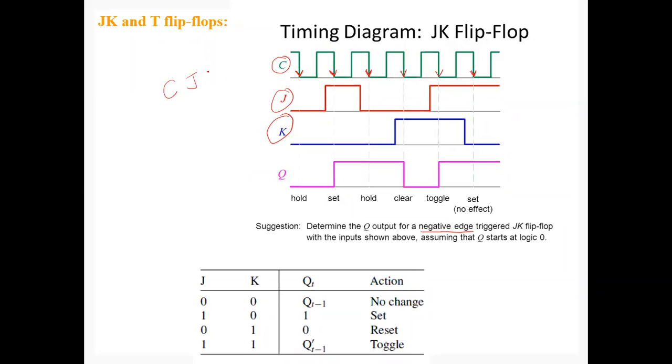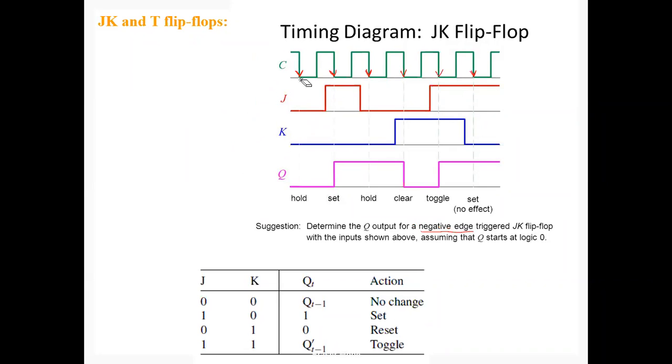C, J, and K are given. So my goal is to figure out Q. You cannot question these three things because they are given. Okay, I get it now. This is the question, now your goal is Q.